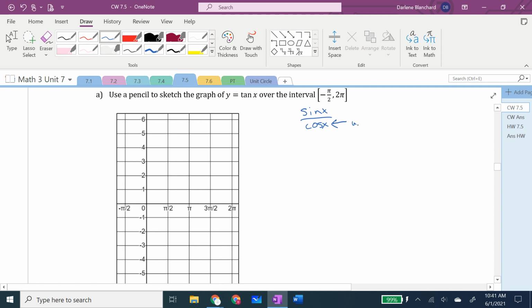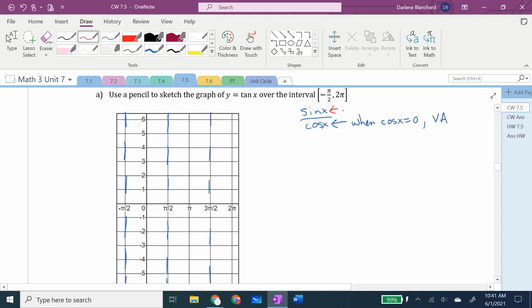When cosine is equal to 0, we have vertical asymptotes. Cosine is 0 at pi over 2, negative pi over 2, 3 pi over 2.